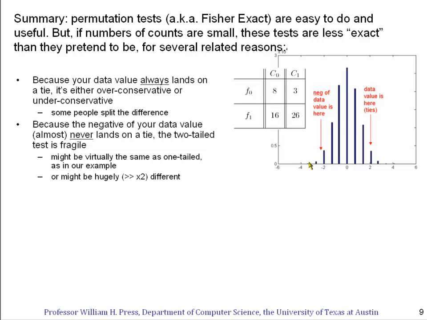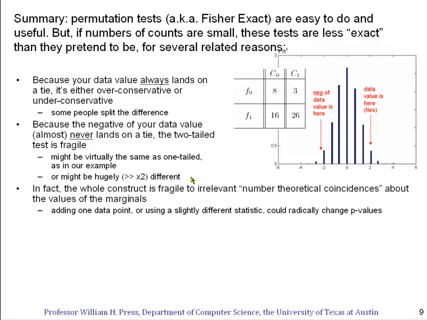Or it might be quite different from a one-tailed test, kind of the way you expect a two-tailed test to be, having about half the significance, in other words, twice the percentile significance level, if the arrow landed on the wrong side here. In other words, it might be quite different.